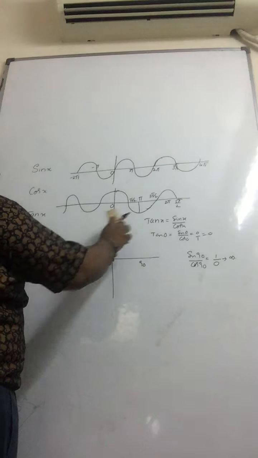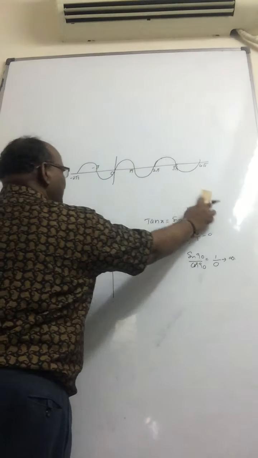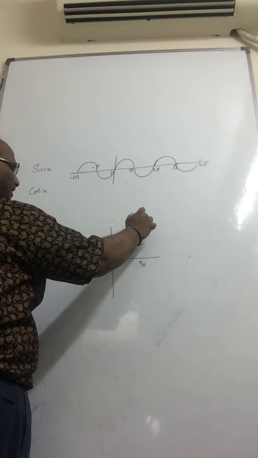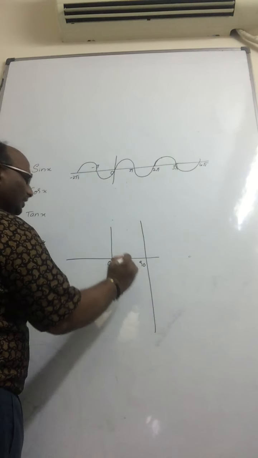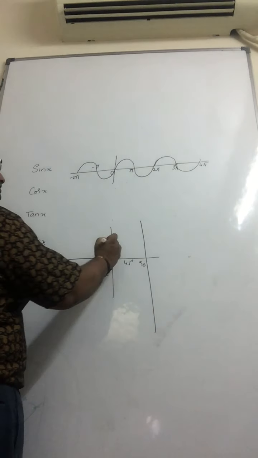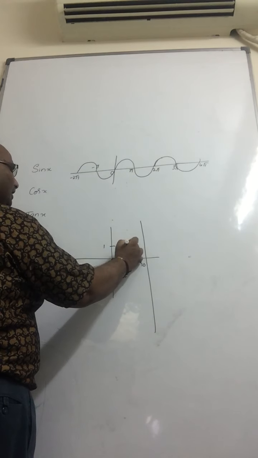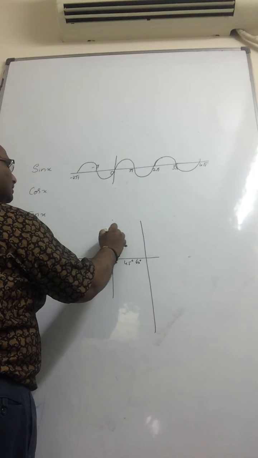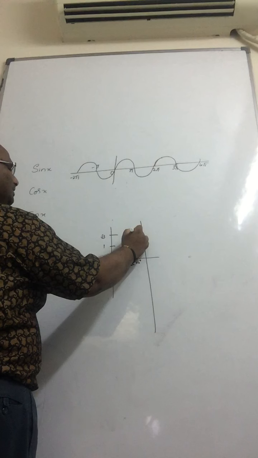To draw the graph of this tan x, since we don't know the infinity value exactly, we use the basic trigonometric function values for different angles. Tan 45 is 1. Tan 60 degrees is root 3, 1.73.